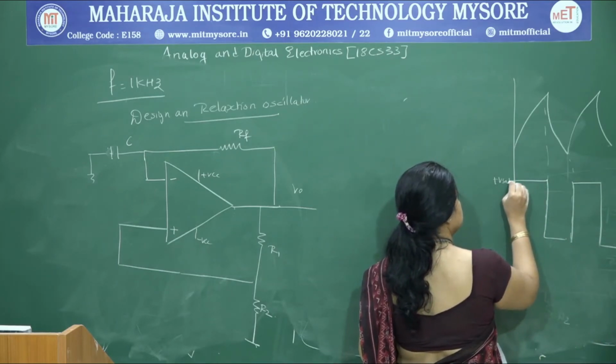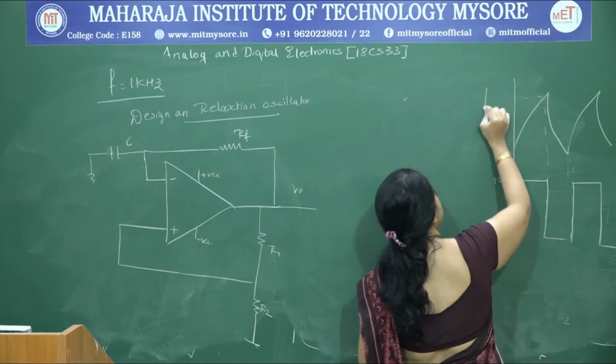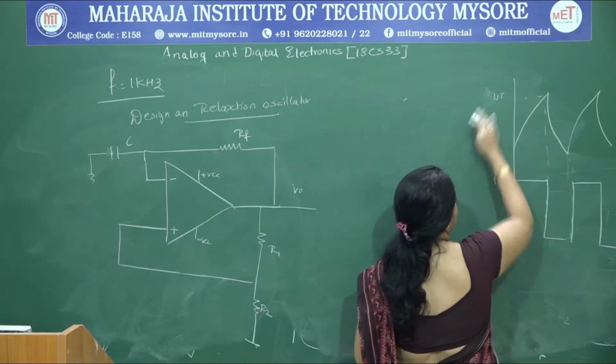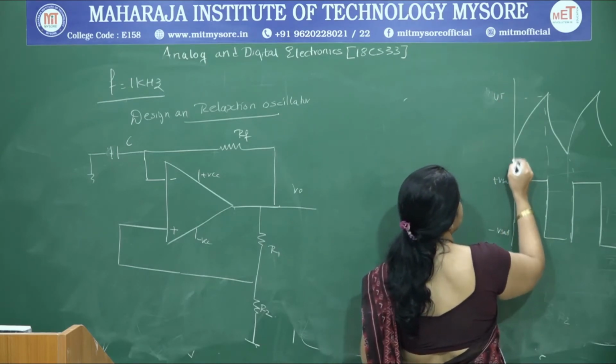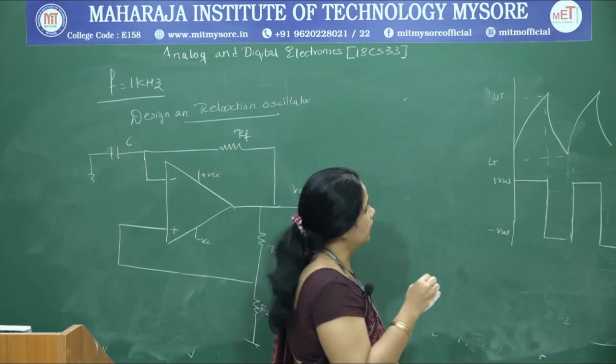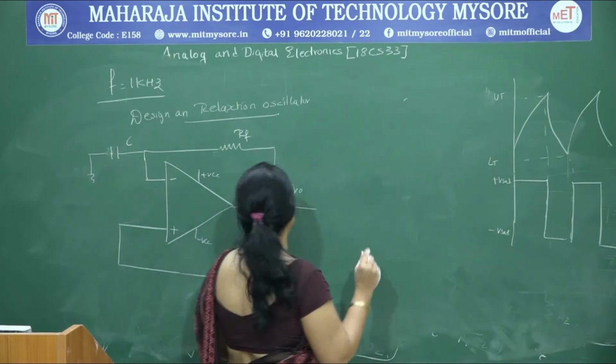This is plus V sat and minus V sat. And this is the upper threshold point, that is V sat into beta, and this is the lower threshold point, that is minus beta into V sat. So, this is what is expected.